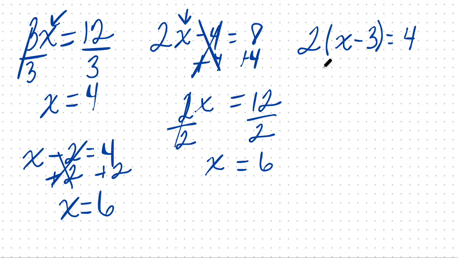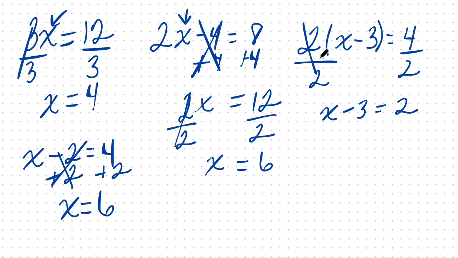So I could divide each side by 2, because again, anything we do to the left, we have to do to the right in all of these equations. If I divide by 3 in my first example on the left, I have to divide by 3 on the right. So back to here, if I'm dividing by 2, I will get rid of that 2 in front of the parentheses. So now I'm left with x minus 3 equals 2.